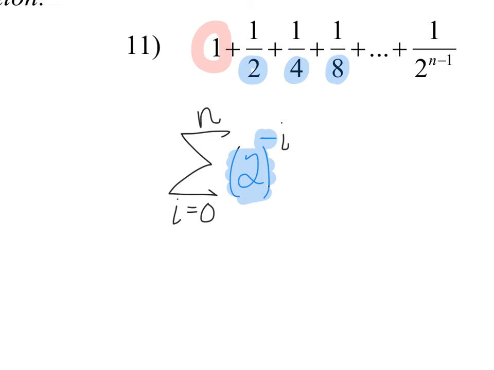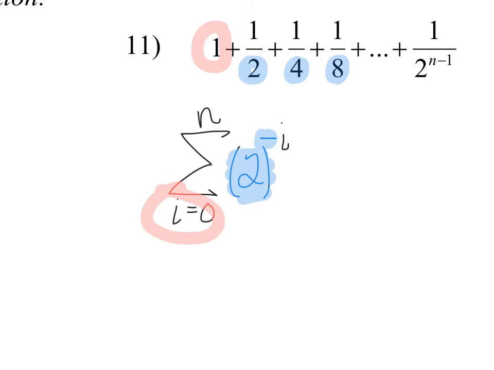My first term is 1, which means that if I want to turn 2 to some power into 1, I need to start at 0. So I need to start at 0 because when I plug in 0 as an exponent, I get 1 as a result. And then that would mean that this would be n, sorry about that.